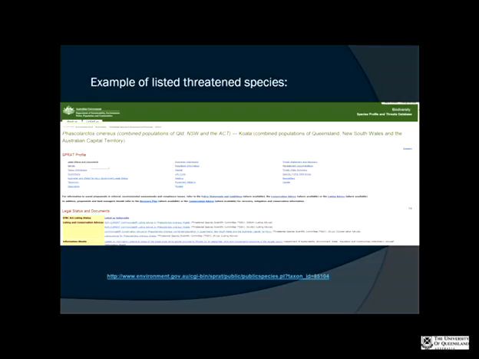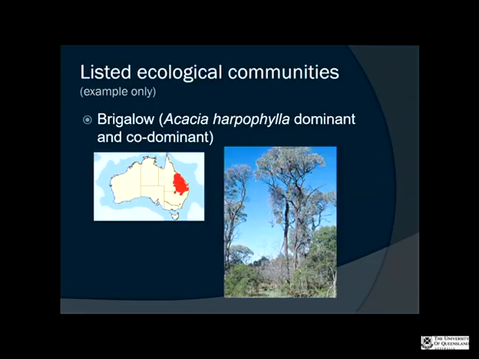So this one, its legal status is that it's listed as vulnerable under the EPBC Act. So it's listed, which would mean if there's likely to be a significant impact on it, then the EPBC Act would apply.